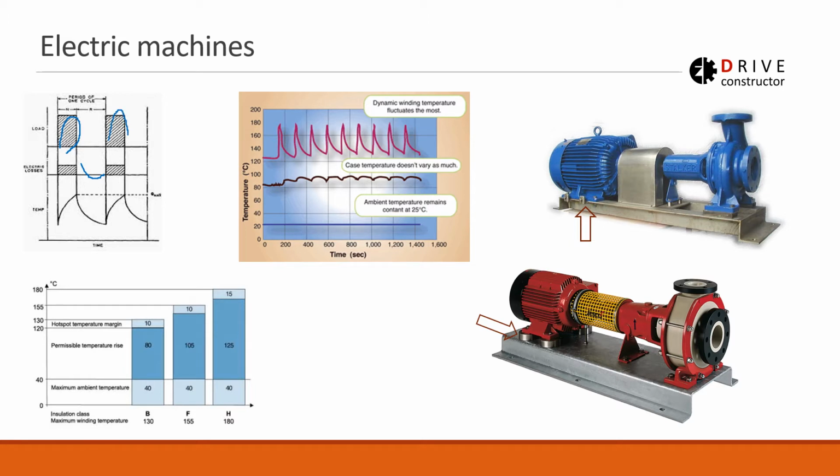And what is happening when we have cyclic operation? The temperature can go up and down in the machine. So if it does not pass a certain limit, doesn't go over it, the machine will survive, it will be operating okay. But if you go above this limit with your temperature, then insulation can be irreversibly damaged.